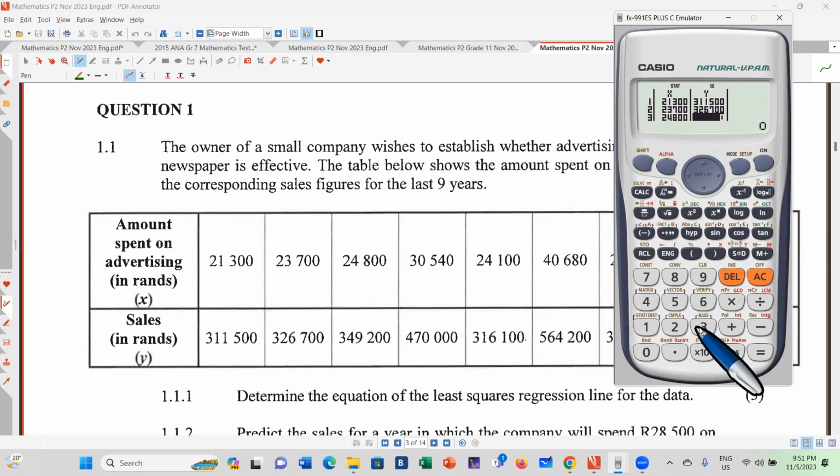The next one is 349,200. The next one is 470,000. The next one is 316,100. After that is 564,200.